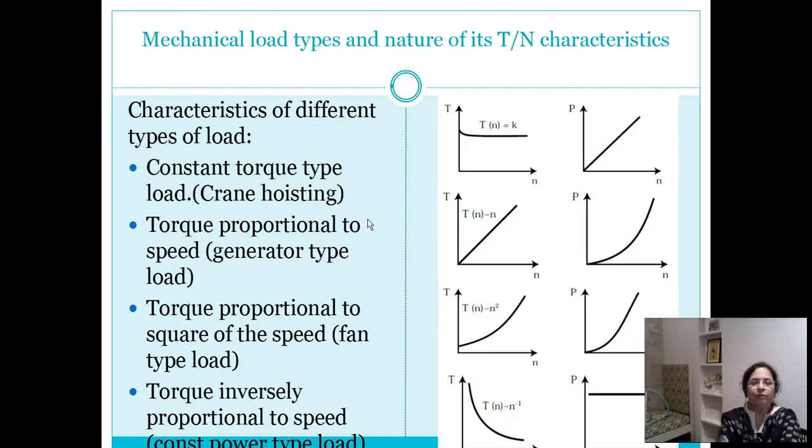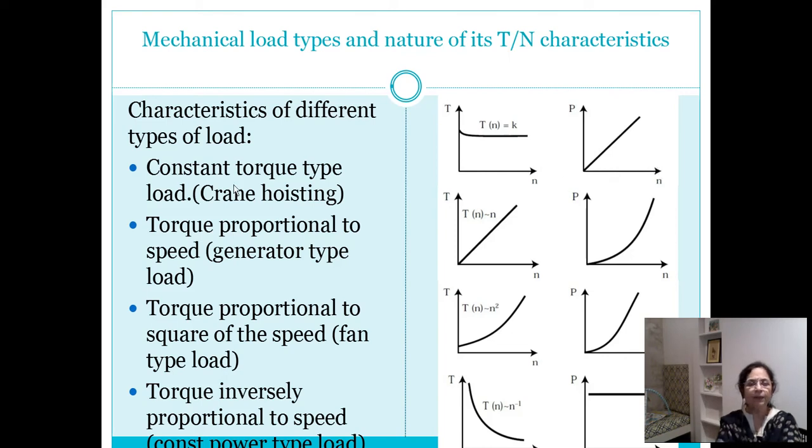When we talked of mechanical load types, we can characterize them into typically 4 main categories. Okay, the first category we can say constant torque type load, which is indicated like this. The torque speed characteristic indicates that torque remains constant irrespective of operating speed, and its corresponding power requirement is shown, where power, which is a product of speed and torque, increases linearly as the speed increases.